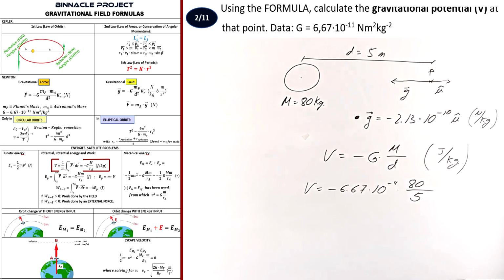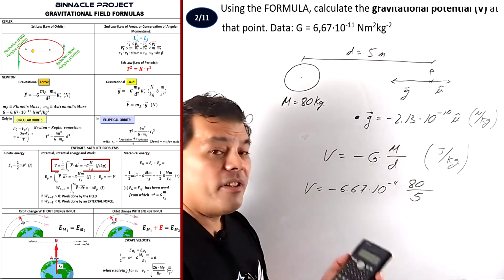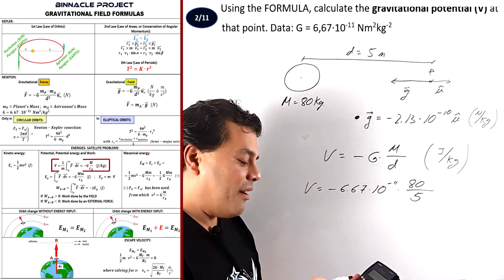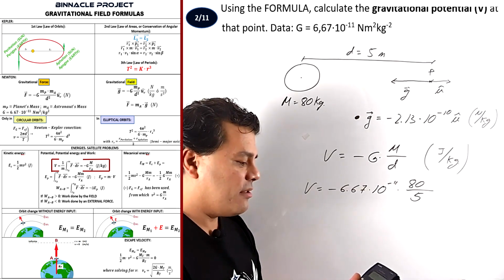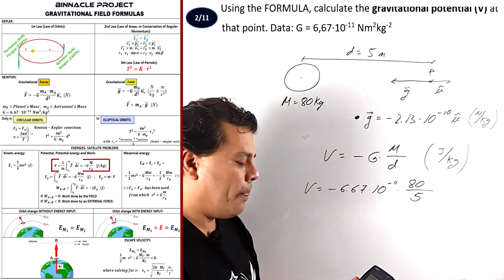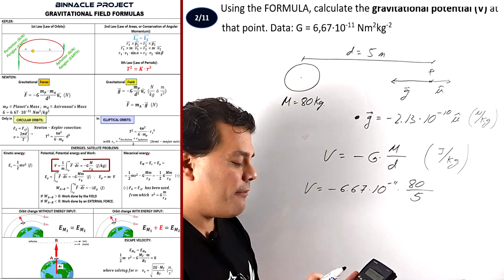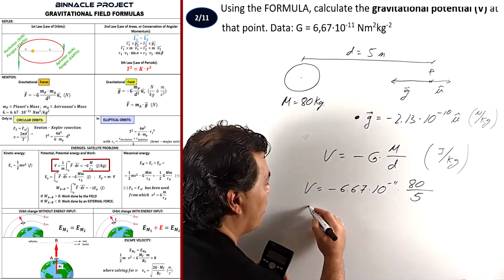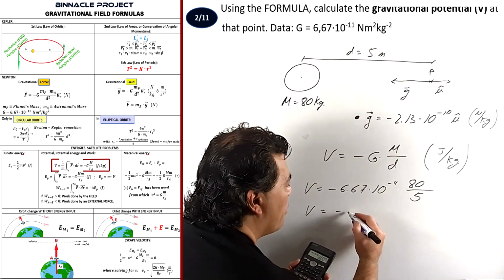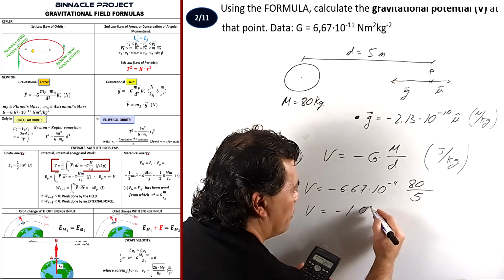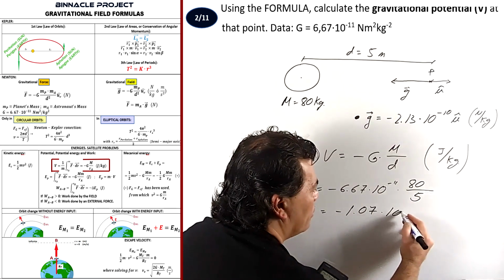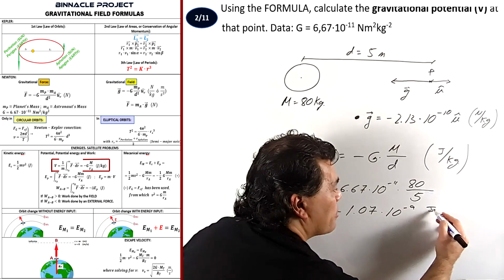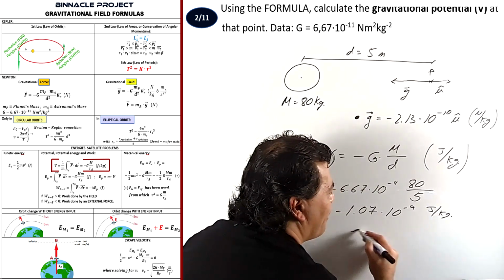If we use your calculator, please follow me. Negative 6.67 times 10 to the negative 11, multiplying 80 and divided by 5. We are obtaining a potential of negative 1.07 times 10 to the negative 9 joules per kilogram.